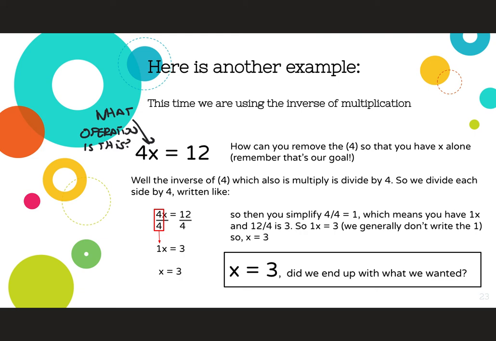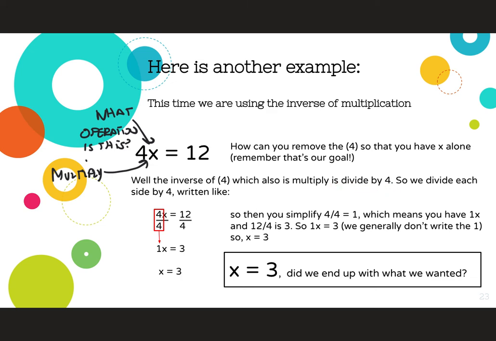What operation is this? This is multiply. Multiply. Okay? Which means we now have to undo multiplication. This time we're using the inverse of multiplication. So this is multiply. So how do we undo multiply? Well, the inverse of multiply 4 is divide by 4.